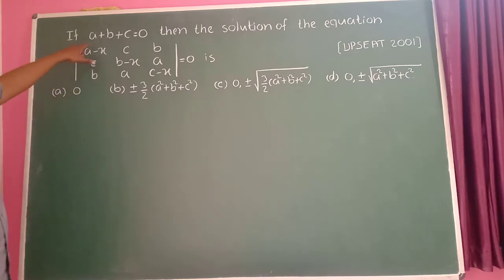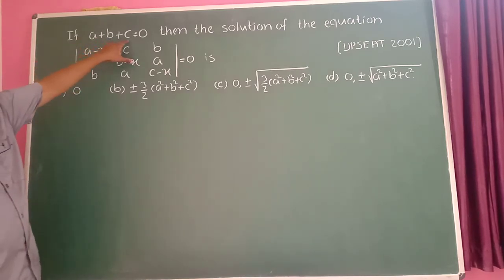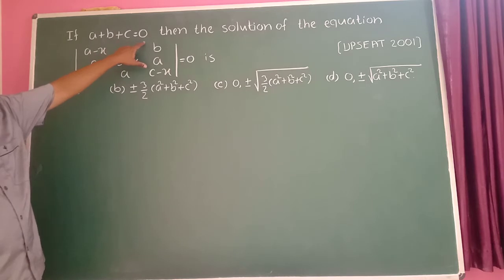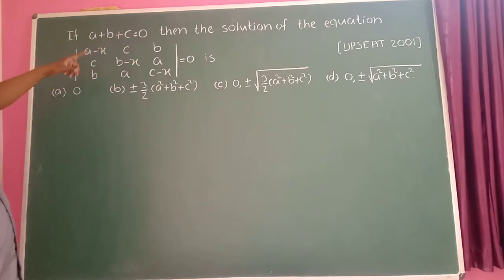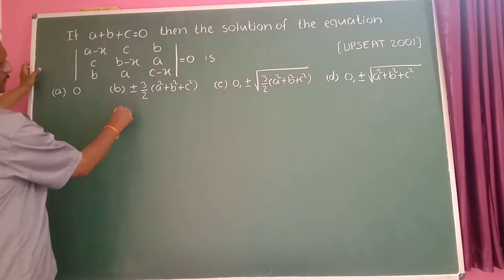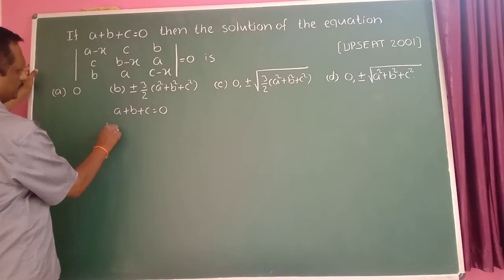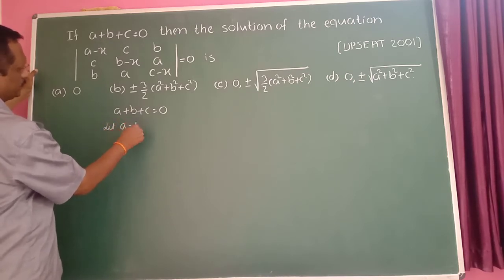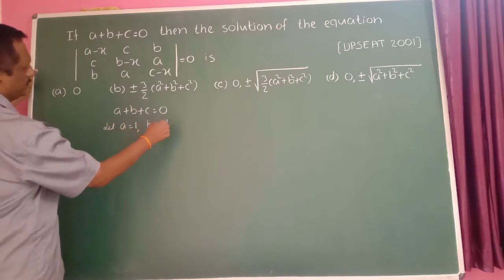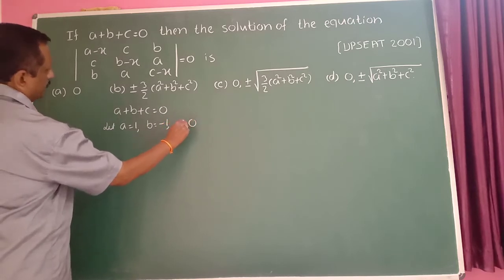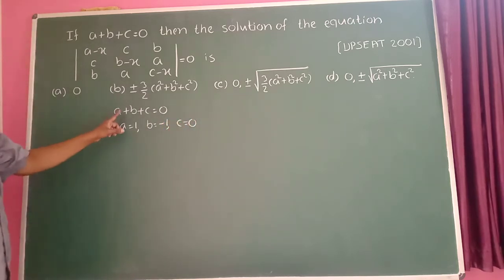In this case, they gave a plus b plus c is equal to 0, and we need the solution of the equation. So let us consider a is equal to 1, b is equal to minus 1 and c is equal to 0. Then it becomes 0.